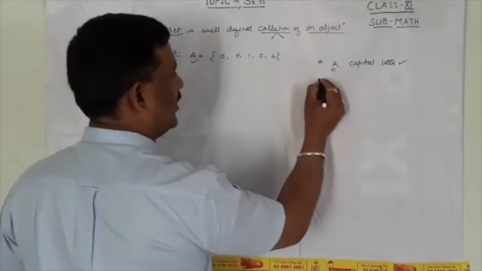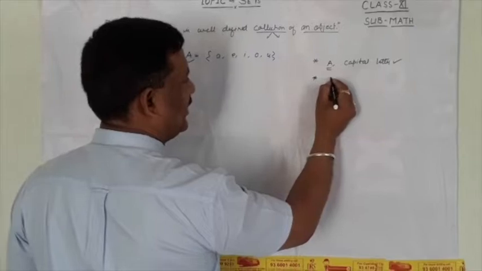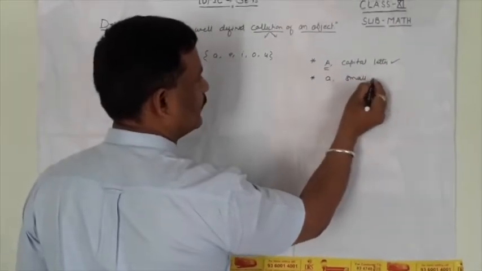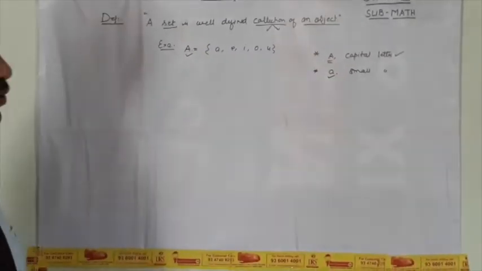Point number 2: the elements are always denoted by small letters, like small a, small b, small c, and so on.